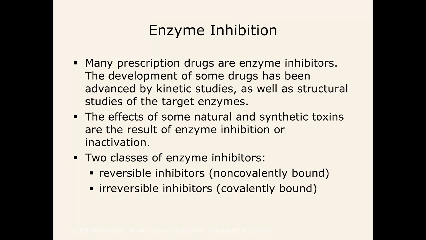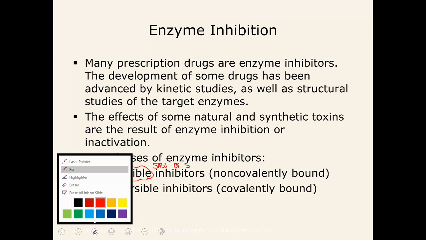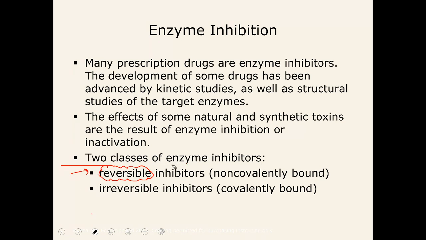The important idea here is that there's going to be enzyme inhibition that's reversible. You want to slow it down, and then when inhibition's not there, it's going to speed back up.